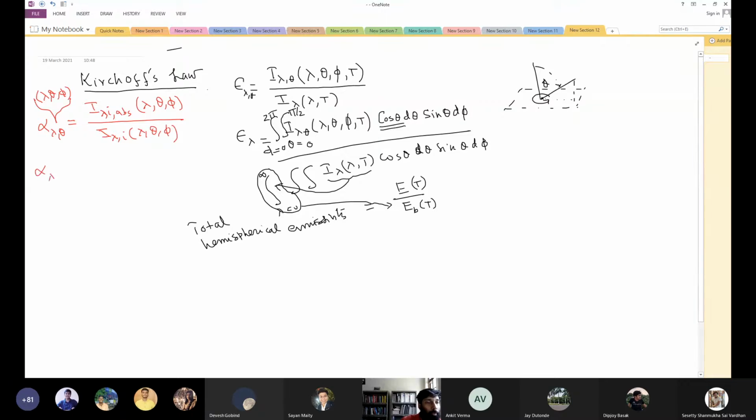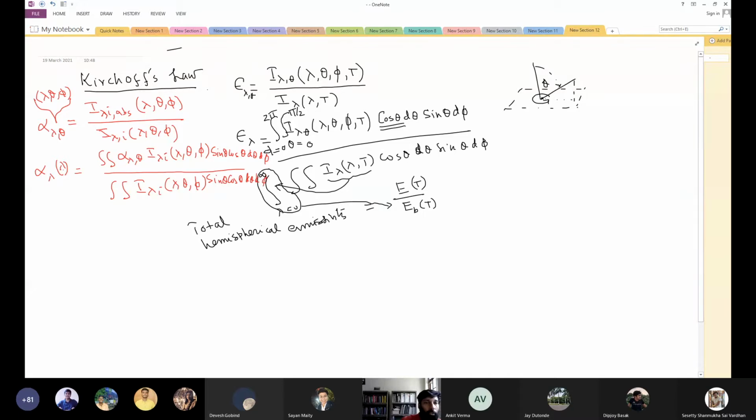So alpha lambda equals the integral of the total amount of radiation that is absorbed, that is alpha lambda theta times I lambda theta phi sin theta cos theta d theta d phi, divided by I lambda theta phi, again with this hemispherical integration.